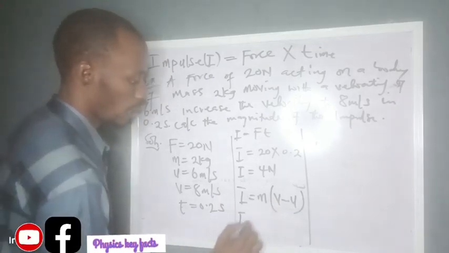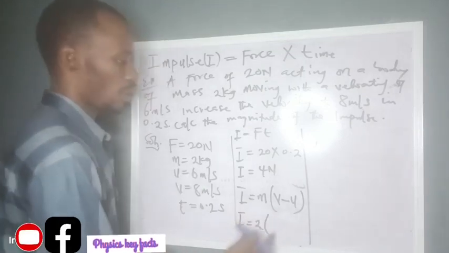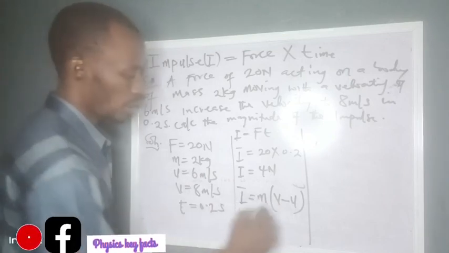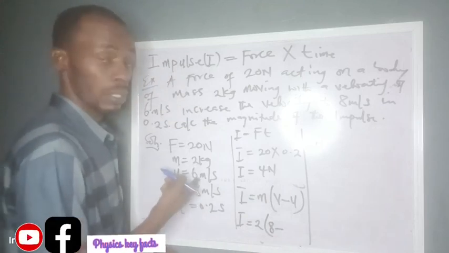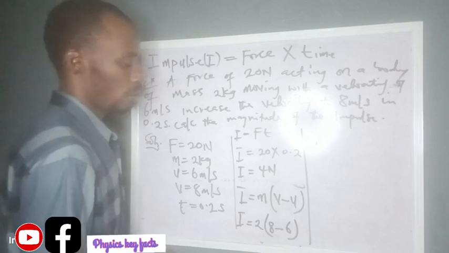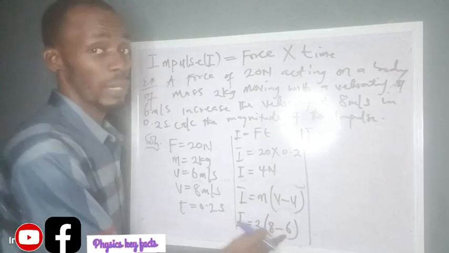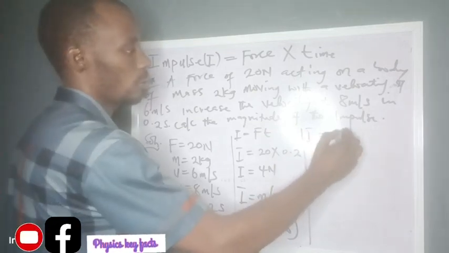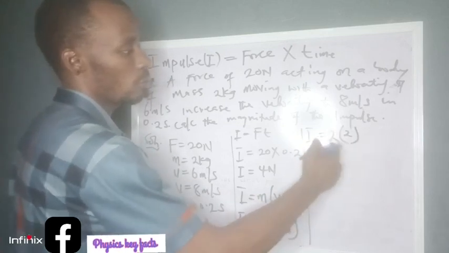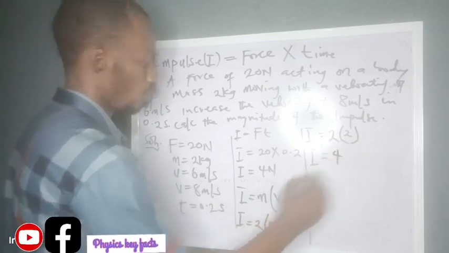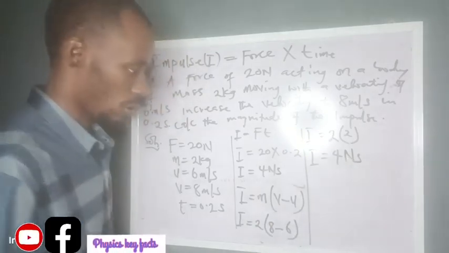So I is equal to our mass, which is 2 kilograms, times our final velocity, which is 8 meters per second, minus our initial velocity, which is 6 meters per second. We deal with the bracket first before the 2. So 8 minus 6, we have 2. So impulse is 2 times 2, which will give us 4 Newton seconds.